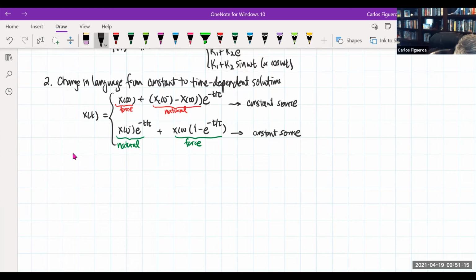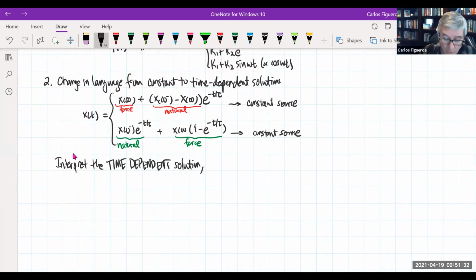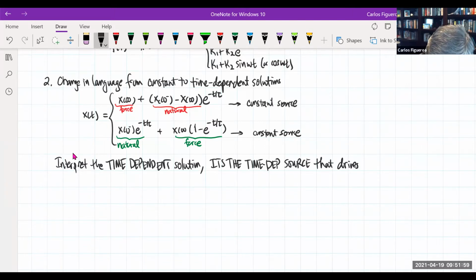So now if I interpret the time-dependent solution, what you're going to see here is that it's the time-dependent source that drives the circuit behavior.